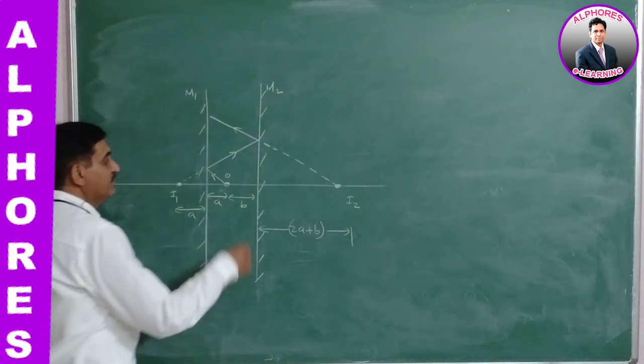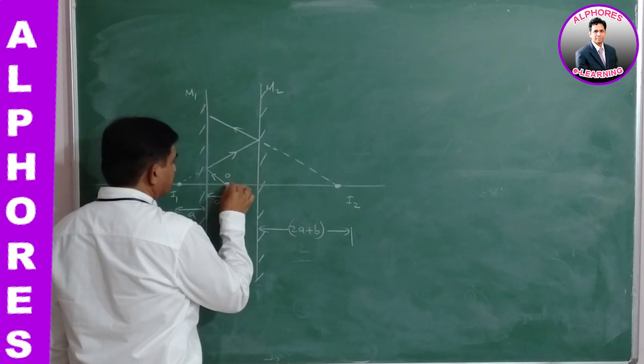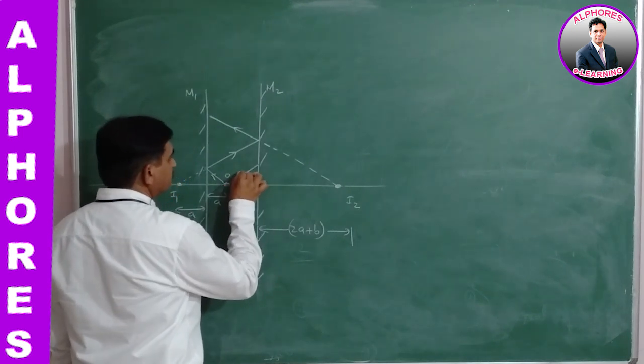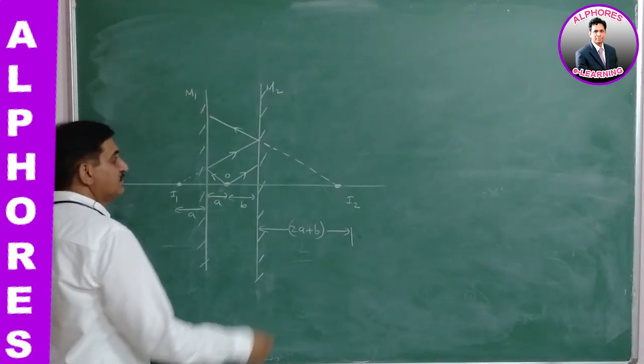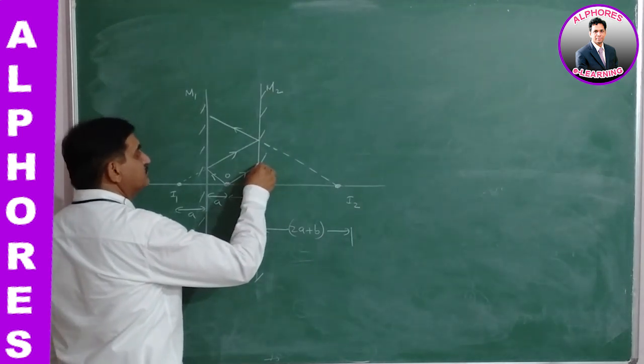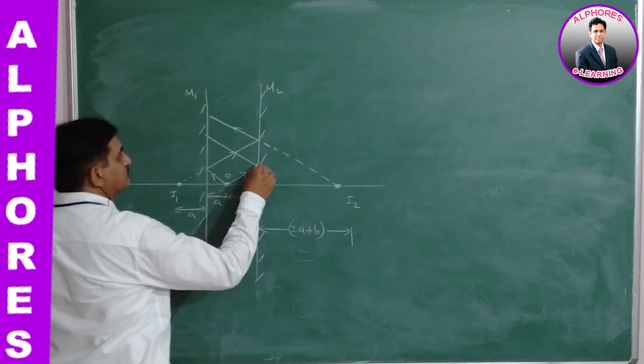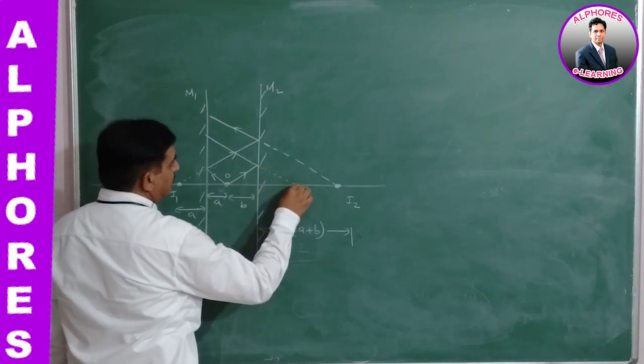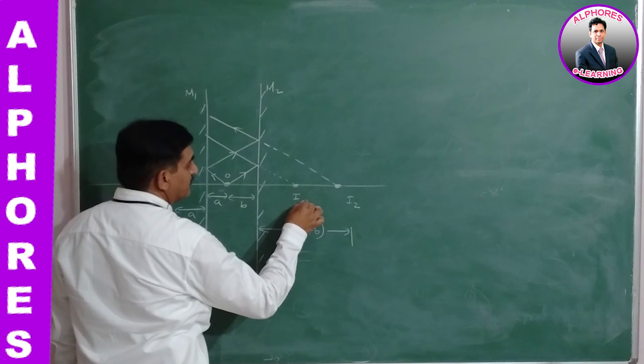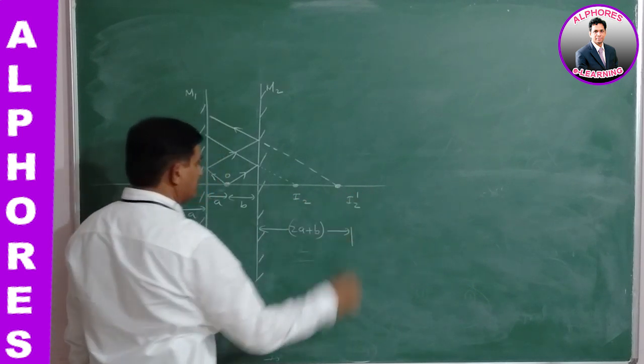And similarly from this side, on the second mirror, image formed, say this is image I2, this is I2 dash.